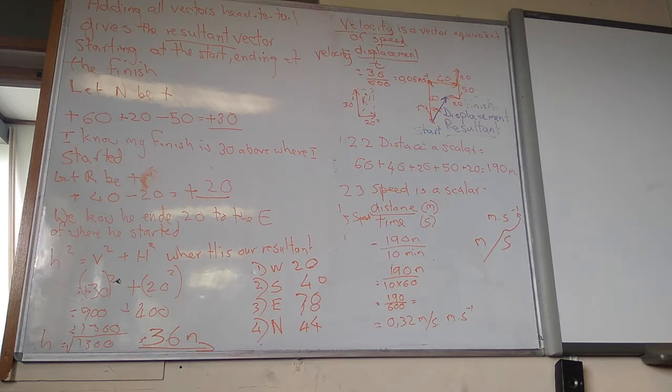So you add left and right, up and down, separately. Okay. So you square them and get the final square. It didn't give the time. For the resultant, just use 10 minutes.